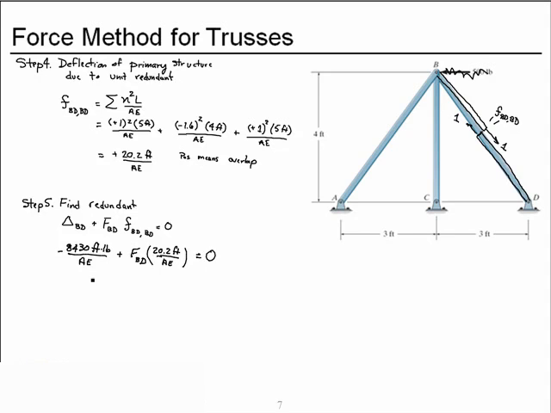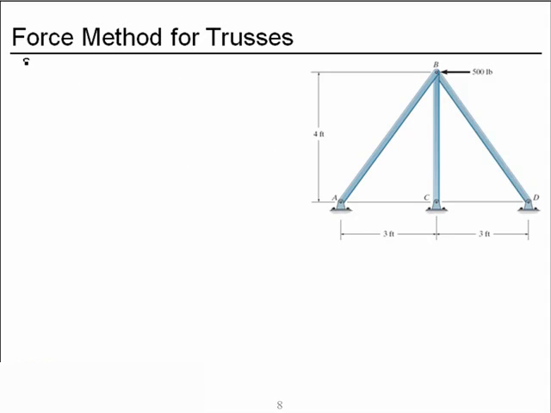Those have to add up to 0. Solve that for my unknown force in member BD and get a positive 417 pounds. So it is in tension.